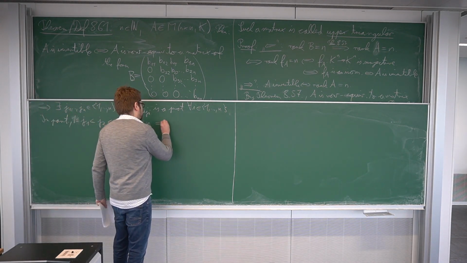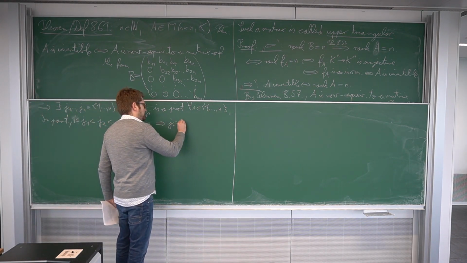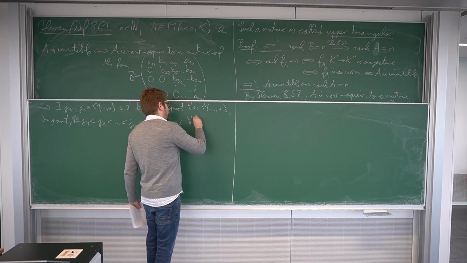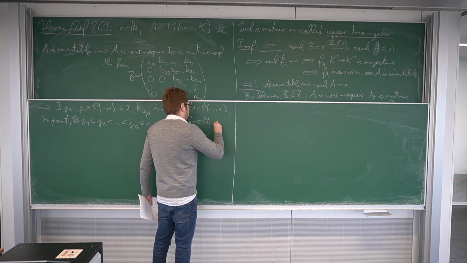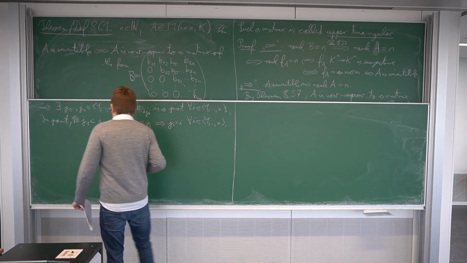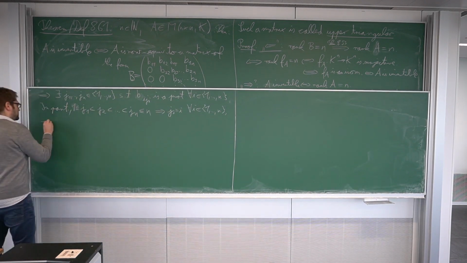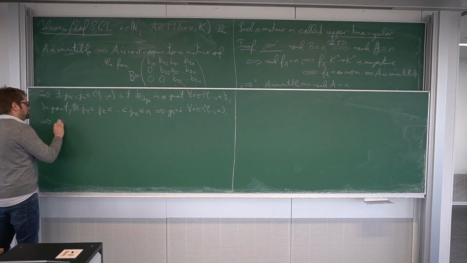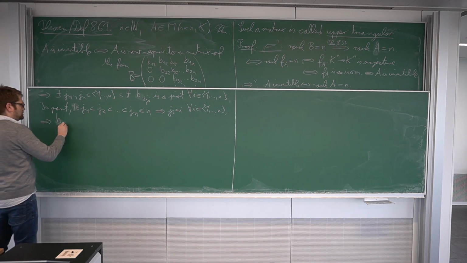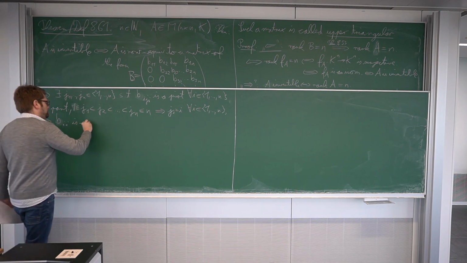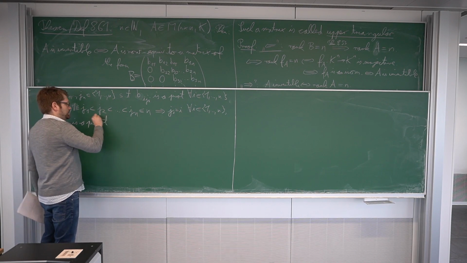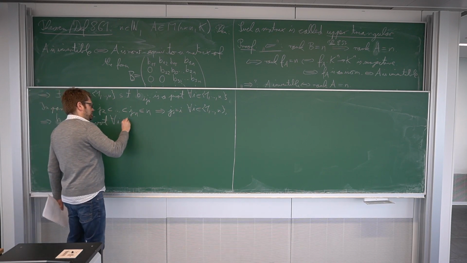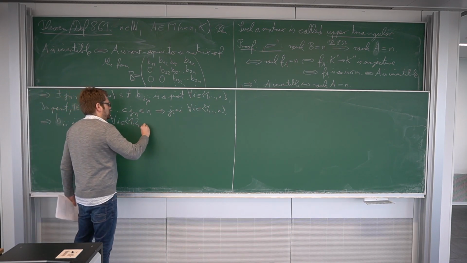So this means ji is equal to i for all i between 1 and n. And so this means Bii is a pivot for all i in 1 to n.